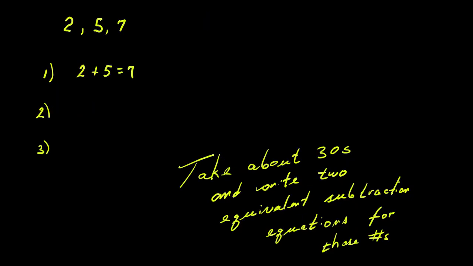In the very first video, we gave you 3 numbers, 2, 5, and 7, and I wrote an addition equation, 2 add 5 equals 7, and then I asked you to write 2 equivalent subtraction equations. Go ahead and take about 30 seconds and write those 2 equivalent subtraction equations for those given numbers.